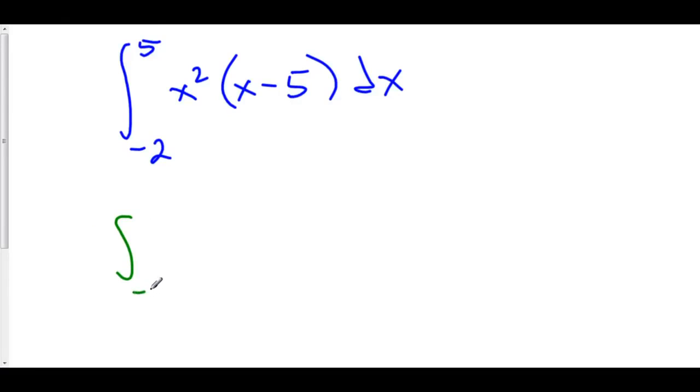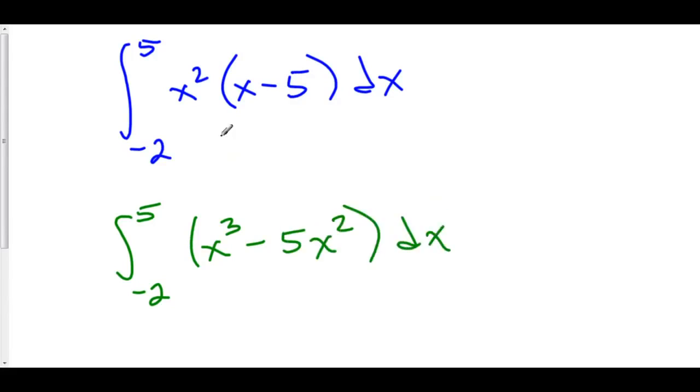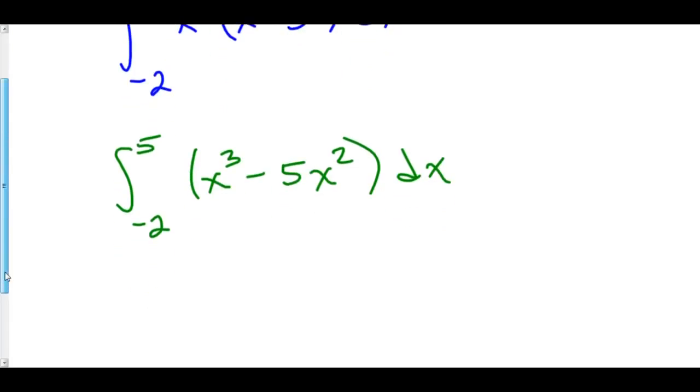Let's take the integral from -2 to 5. We'll distribute the x squared to both the x and the -5, yielding x cubed minus 5x squared, and that's all dx. Notice how I keep the parentheses around the entire integrand. This is extremely important.